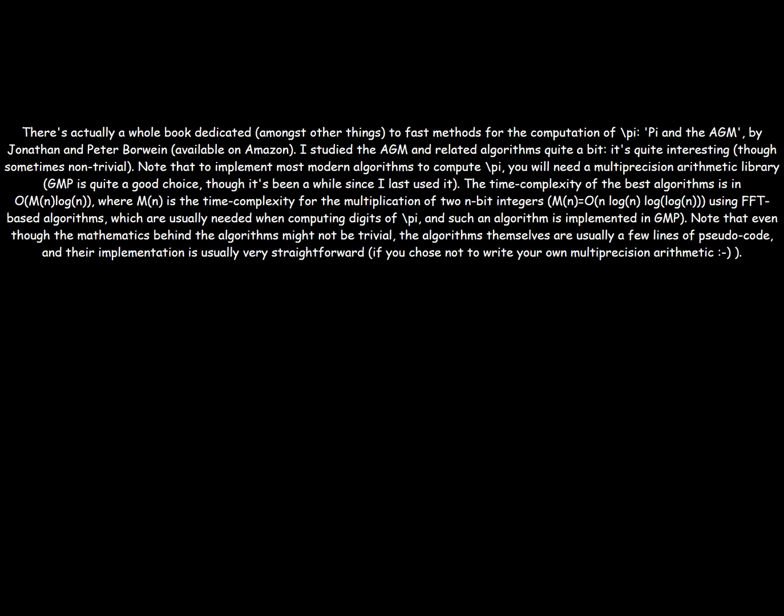The time complexity of the best algorithms is in O(M(n) log n), where M(n) is the time complexity for the multiplication of two n-bit integers. M(n) equals O(n log n log log n) using FFT-based algorithms, which are usually needed when computing digits of pi, and such an algorithm is implemented in GMP.